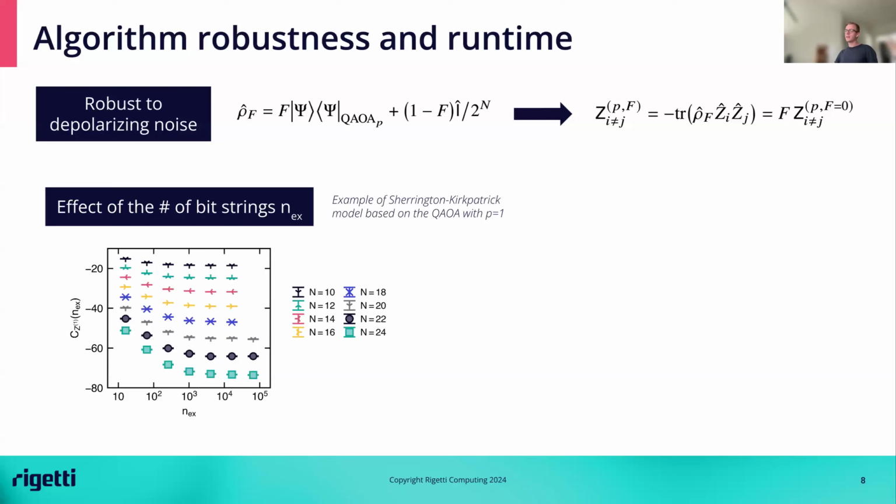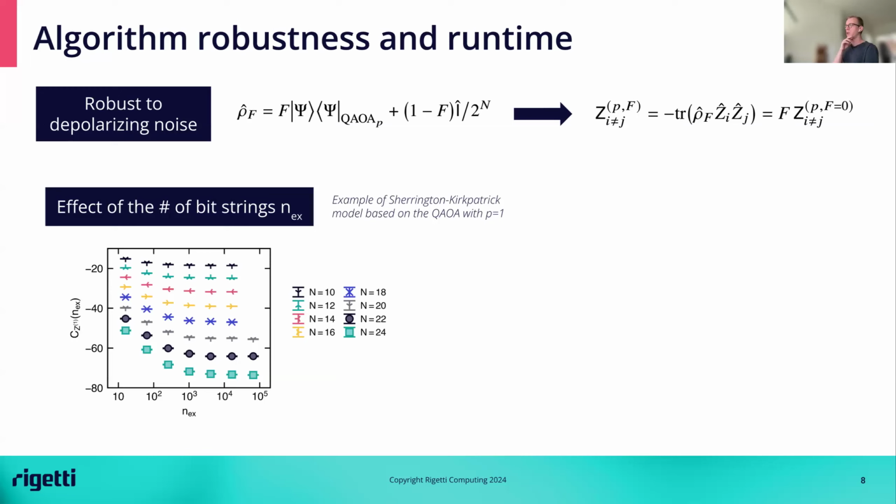Another related thing is the number of bit strings we need for computing the correlation. In the end, we need to find the eigenvector of a matrix. And because we only have a finite number of bit strings, this will induce noise in the correlation matrix entries. How robust is finding the leading eigenvectors if there is noise in the matrix because of the finite number of bit strings that we use for computing expectation values?